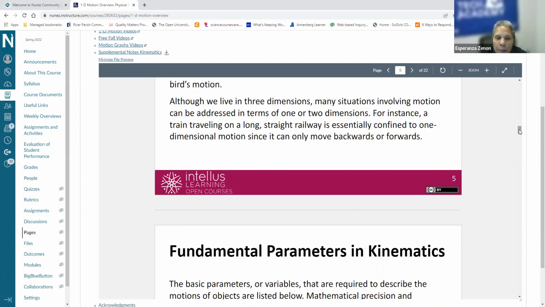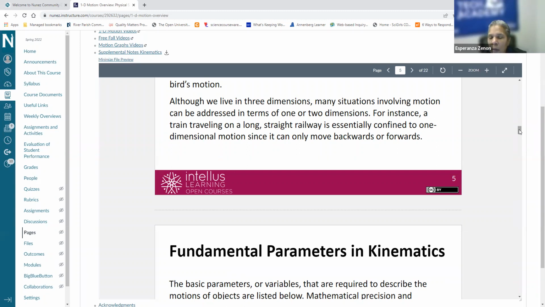So they give you an example of an object traveling on a long straight railway. And so in that instance, we're dealing with an object that can move in only one dimension. And that one dimension can encompass the object moving, for example, forwards or backwards.